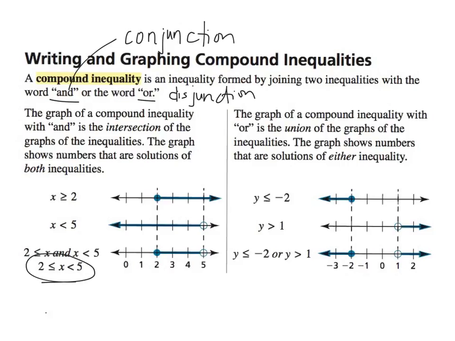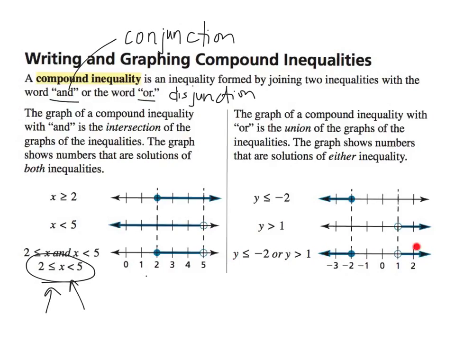Now, you can only write compound inequalities like that with "and." We did this part last year: 2 is less than or equal to x, which is less than 5. Now, when I do an "or" problem, that's called the union, where I try to find the union of the graphs. The graph shows numbers that are in either one or both. So if I graph this, x is less than or equal to negative 2, x is greater than 1. Now I want to know the part of the graph that's one or the other, or both.